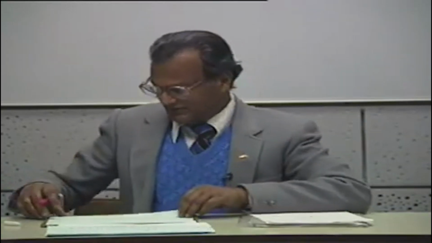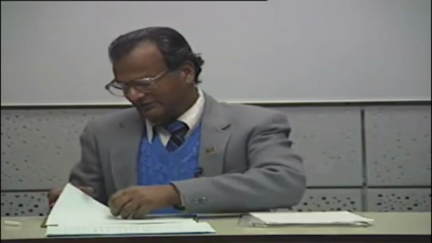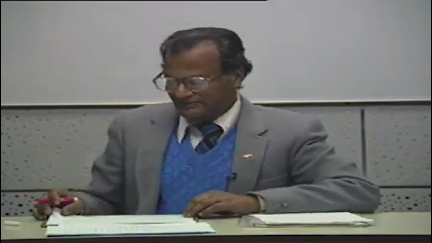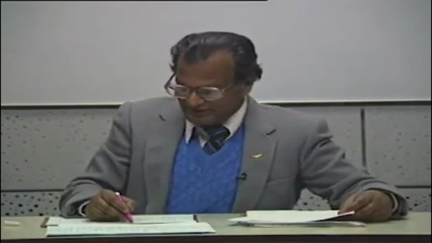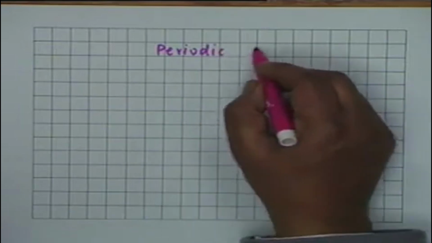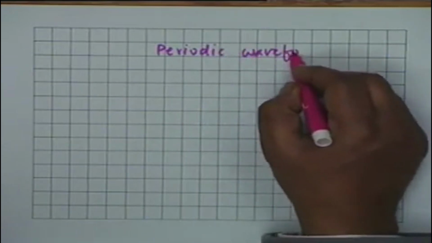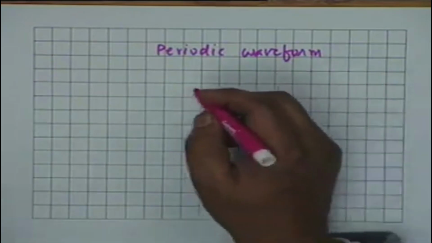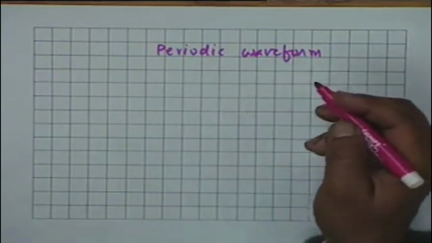Now sinusoidal waveforms are a special kind of waveforms which go by the general name of periodic waveforms. Periodic waveform. A function f of t, we will not use f of t because small f we have used for frequency.